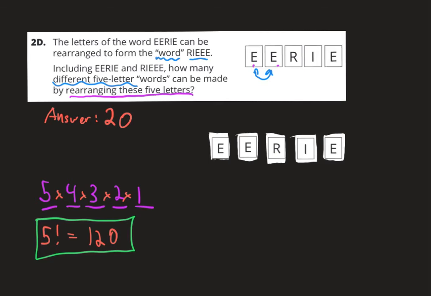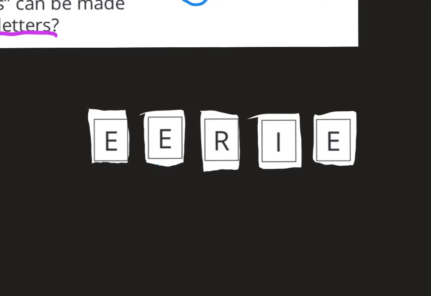Where does the tricky part come in? The tricky part comes from the fact that these 120 combinations include things like this. Let me zoom in a little bit here. It includes things like this spelling eerie, but it also includes things like, wait, why am I grabbing that one? Hang on. Sorry, I had a problem with my layers here. I figured it out.